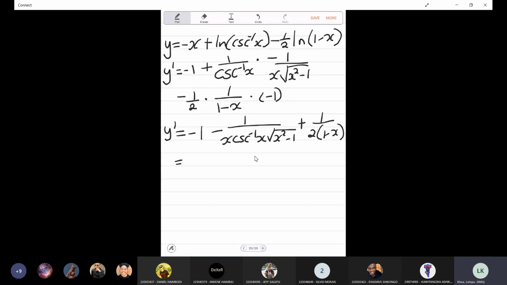So what I mean is you write it as 1 over 2 minus 2x minus 1 over x cosec inverse of x square root x squared minus 1. But there's no difference between this and that. It's just this one looks better when you start with a positive number instead of a negative number.